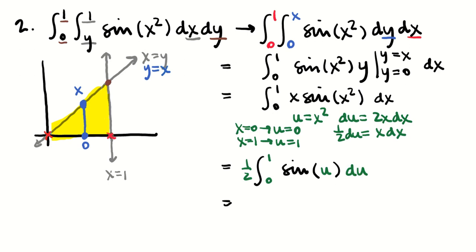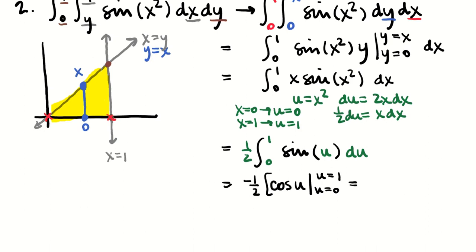And I'm going to find an antiderivative for sine of u with respect to u, and that would be negative cosine u. So I'll say that's negative half of cosine u as u runs from 0 up to 1.